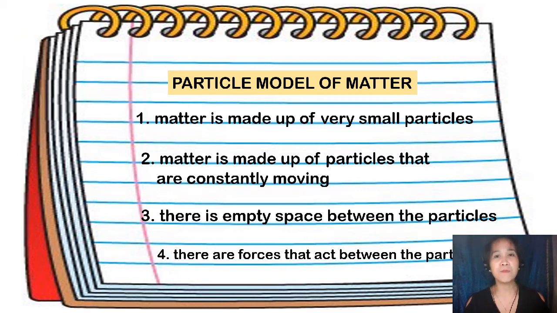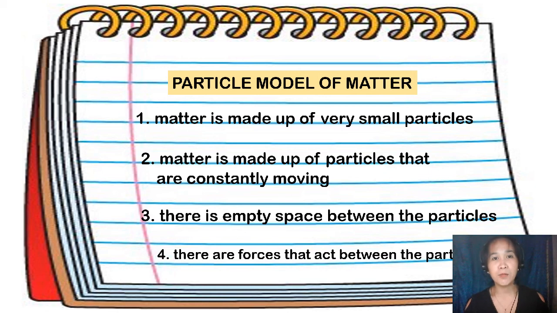So using this model, you were able to infer the arrangement and motion of the particles of matter, as well as the attraction between them, when they change from one state to another. However, the same particles of matter are involved when these changes happen.